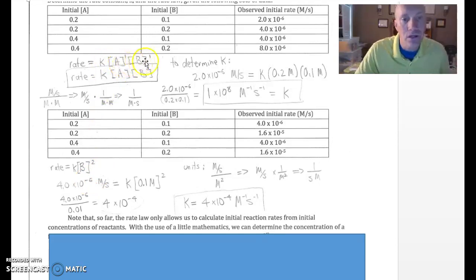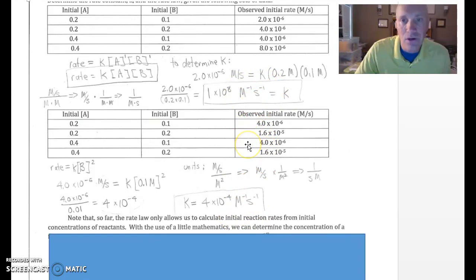This one right here is first order with respect to A, first order with respect to B. This one right here is second order with respect to B. But overall, the reaction here is overall second order. The overall reaction here is second order. Therefore, your units for k end up being the same.